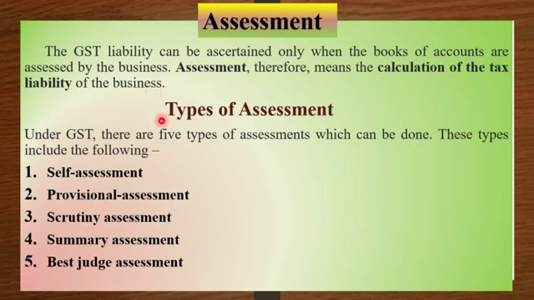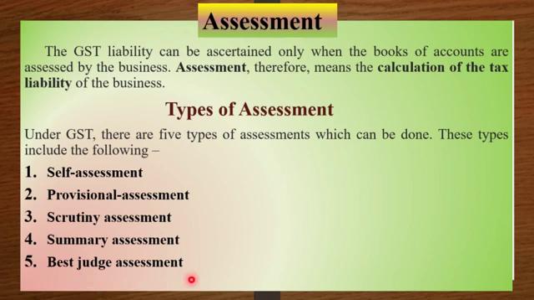Under GST audit, there are 5 types of assessment which can be done. These types include: first is self-assessment, second is provisional assessment, third is scrutiny assessment, fourth is summary assessment and last is best judgment assessment.